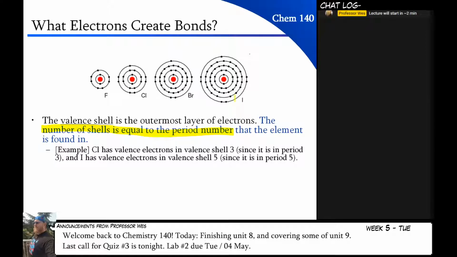Hydrogen would have 1 layer of electrons because it's in period 1, and so on. As the layers increase, you can put more and more electrons in there, and that's why the rows get bigger and bigger as you go down the periodic table. So period 1 only has 2 elements in it, but period 2 has 8, and period 4 has 18, and so on.